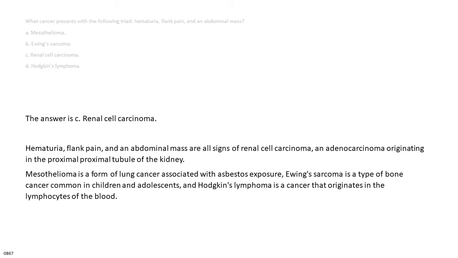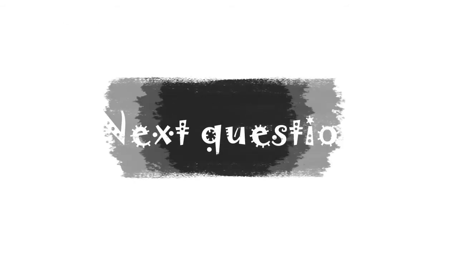Hematuria, flank pain, and an abdominal mass are all signs of renal cell carcinoma, an adenocarcinoma originating in the proximal tubule of the kidney. Mesothelioma is a form of lung cancer associated with asbestos exposure. Ewing's sarcoma is a type of bone cancer common in children and adolescents, and Hodgkin's lymphoma is a cancer that originates in the lymphocytes of the blood.